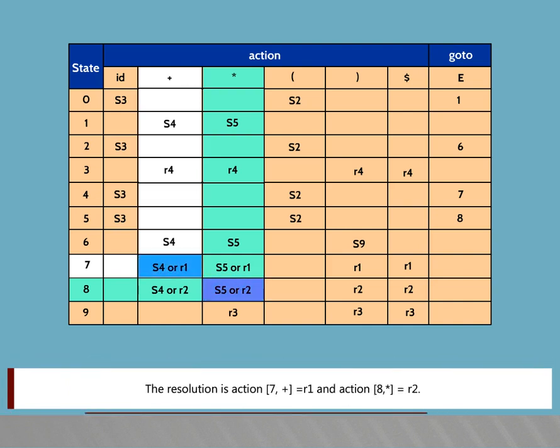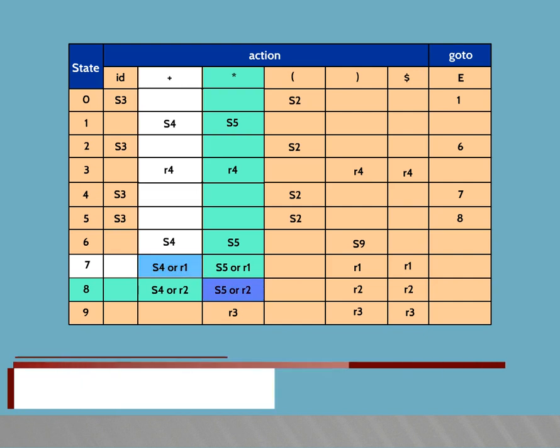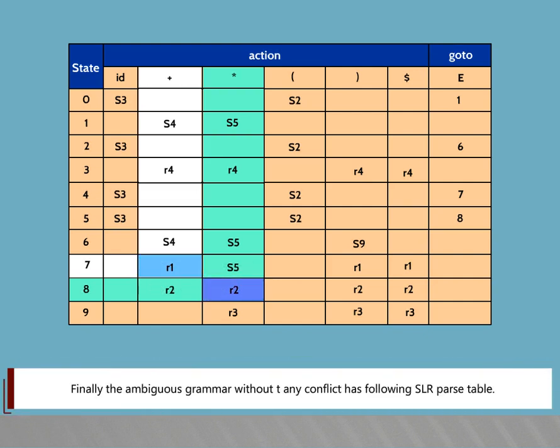The resolution is action[7, +] = R1 and action[8, *] = R2. Finally, the ambiguous grammar without any conflict has the following SLR parse table.